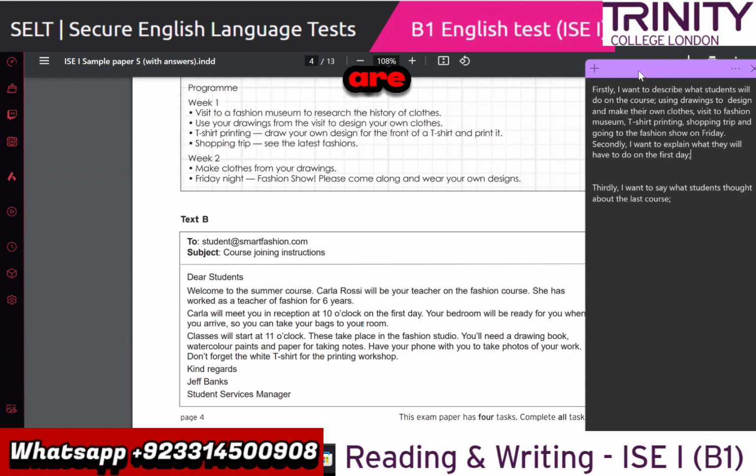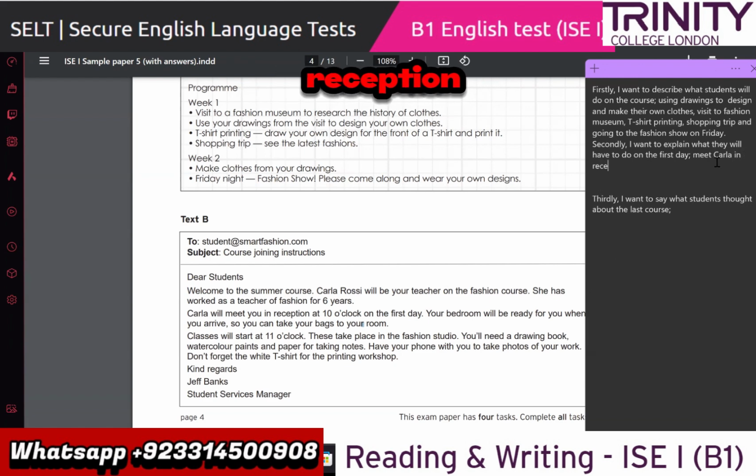So what are students supposed to do on the first day? First thing is that they are supposed to meet Carla in reception at 10 o'clock. Then we have these take place in the fashion studio.